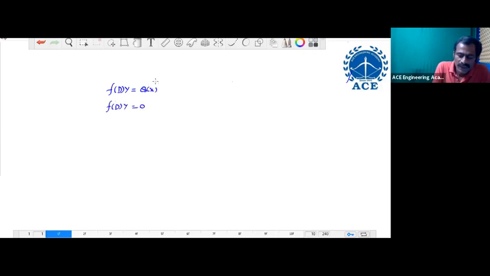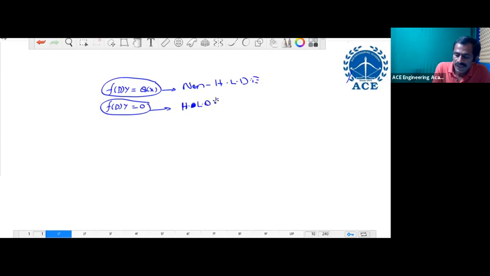The non-homogeneous equation is f of D y equal to Q of x. Its general solution is written as y equal to yc, the complementary function, which is the general solution for the homogeneous equation. For a non-homogeneous equation, the general solution is y equal to yc plus yp.